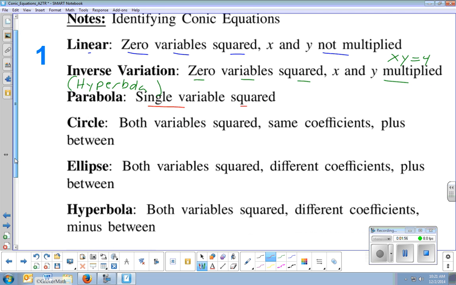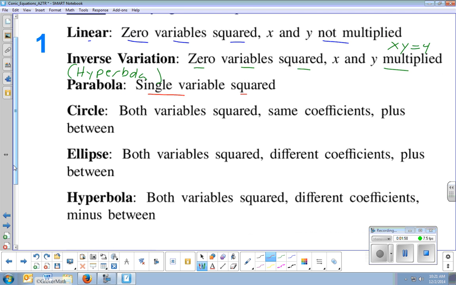The next 3 get grouped together because circle, ellipse, and hyperbola all have both variables squared. The key difference is that for a circle, they have the same coefficients. So if they have both variables squared, same coefficients, it's a circle. If you have both variables squared but different coefficients, then it's either an ellipse or a hyperbola.